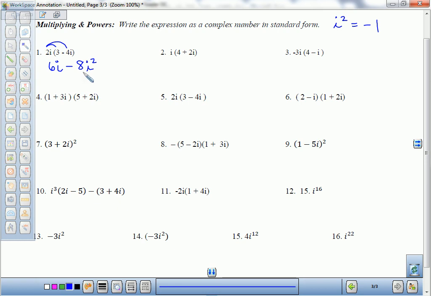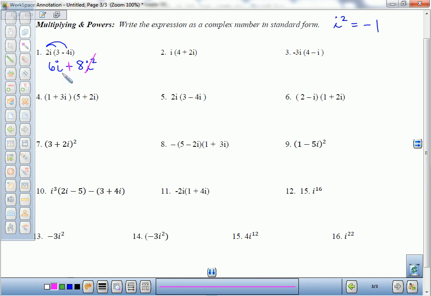Whenever you see an i squared, it's like multiplying by negative 1. And what does multiplying by negative 1 do to a sign? It just changes it. So what we can do when we see an i squared is just change the sign in front of that number. So that was a negative 8, so we turn it into a positive.